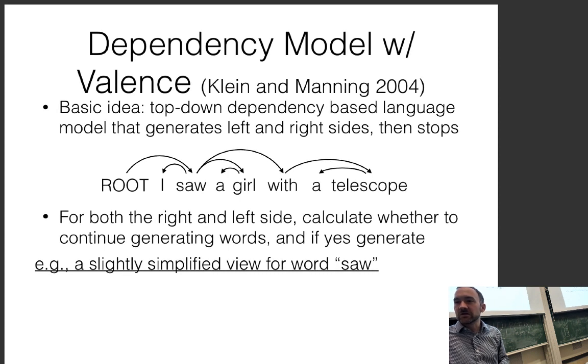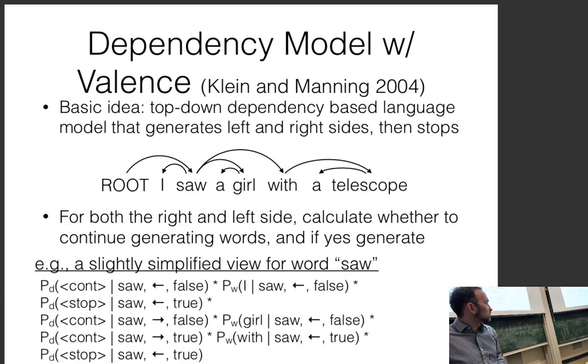And if yes, generate. So to give an example here, if we have the word saw, the way this works is we condition on the word saw, we condition on the fact that we're generating left, and then we generate false.